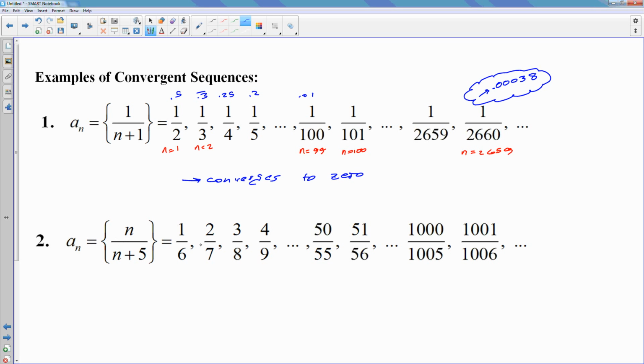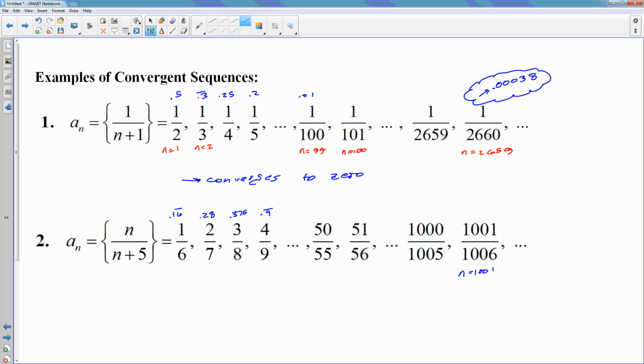This one, if I start plugging in numbers, we start with 1/6, which is 0.16 repeated, 2/7, which is approximately 0.28, 3/8 is 0.375, 4/9 is 0.4 repeated. And as we keep going, here I've plugged in n equal to 1001.